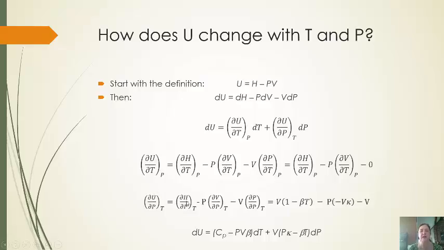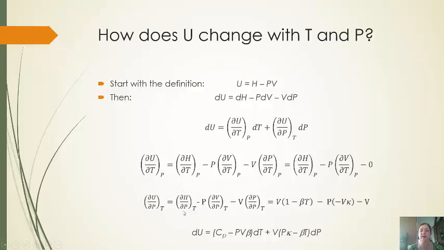Okay. If I look at the other grouping, dU dP at constant temperature. All right, again, taking this definition up here, dH dP at constant temperature minus P dV dP at constant temperature minus V dP dP at constant temperature. Oh wait, how does pressure change with itself? 1. So we end up with a minus V right here.